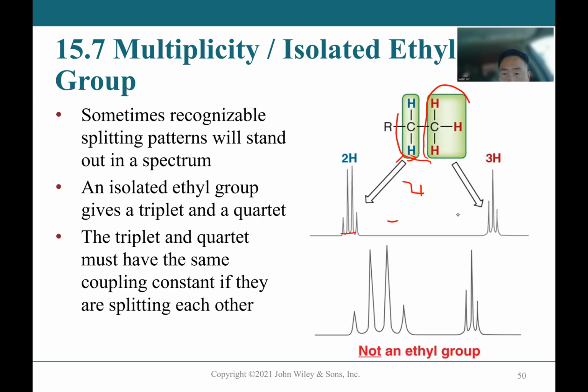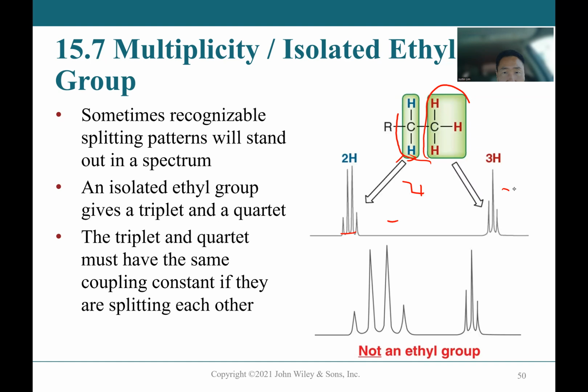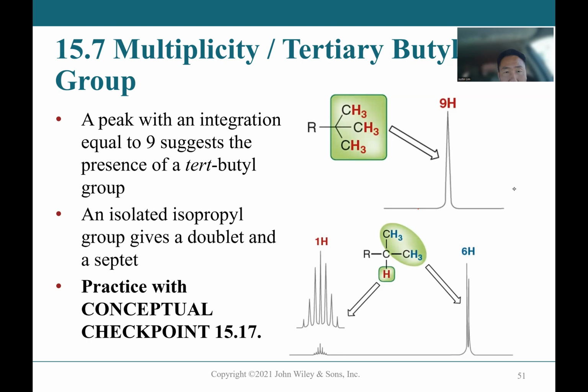So 2 plus 1 equals 3. So you can see a triplet in the ethyl group. And tertiary butyl groups give a singlet. Isopropyl groups give a doublet and a septet.